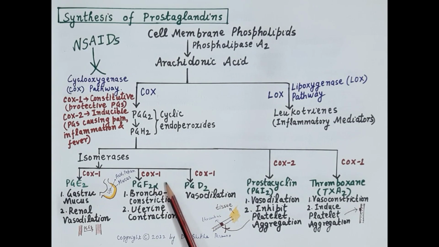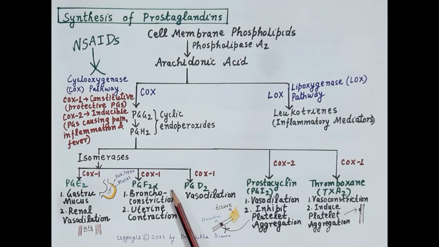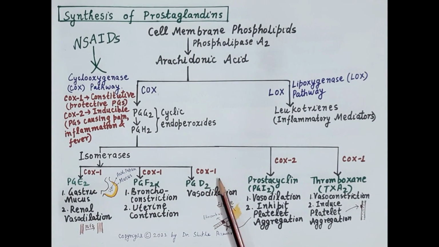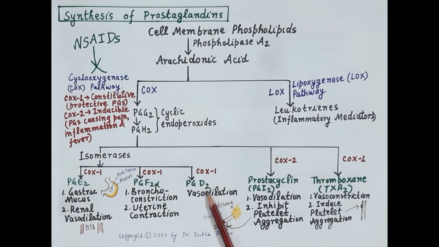Now, inhibition of, again, COX-1 reduces prostaglandin F2 alpha, delays the labor, and also increases the risk of postpartum hemorrhage. Stimulation of COX-1 also produces prostaglandin D2. Prostaglandin D2 causes vasodilation and that improves the blood supply.